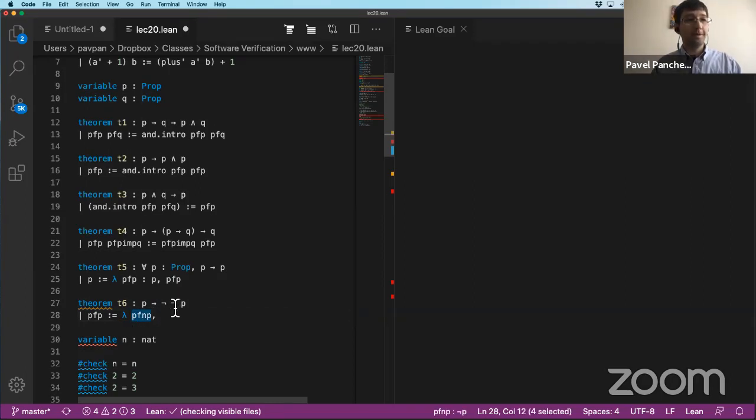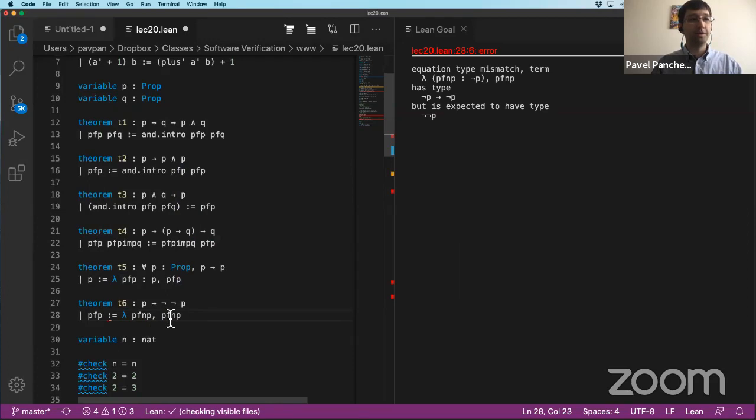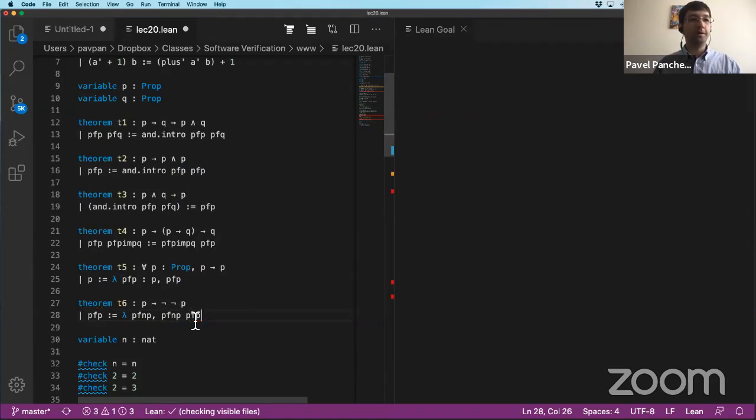Well, the proof that P is not true is itself a function that takes in a proof that P is true and produces an absurdity. So I can apply that proof to my proof of P. And so what this is doing, this is a proof of P. I am using not P to derive a contradiction. And that contradiction is what I wanted, which is if P were not true, then there would be a contradiction.